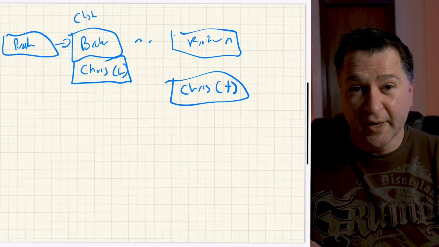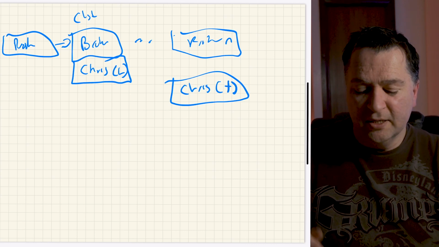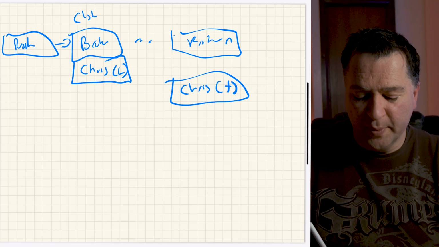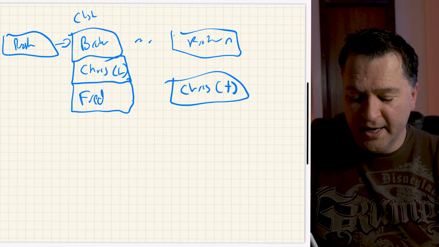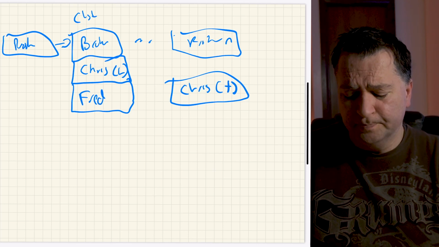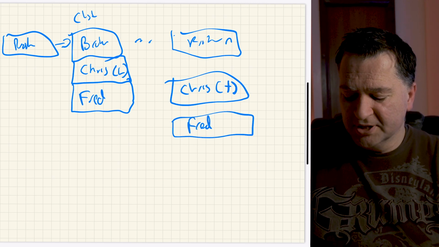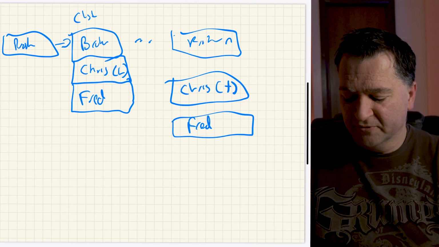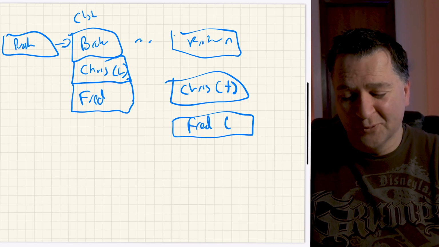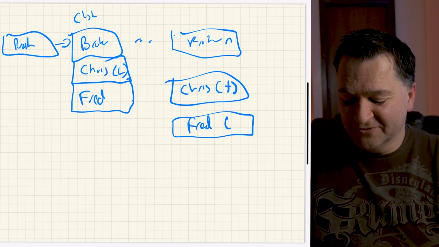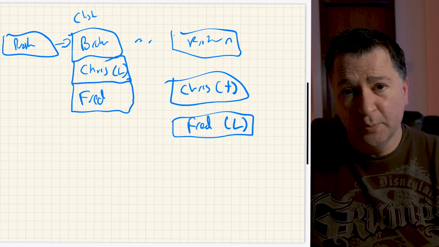Now, the good news from a Kafka perspective is that leaders can split for different topics. So let's say I had another topic called Fred, so we'll put that in there. Like the Chris topic, it would have its replicas sitting over here across the brokers. Leaders and followers can switch across different brokers as well. So in the case of Fred, broker 3 could be the leader, but broker 1 could be a follower.